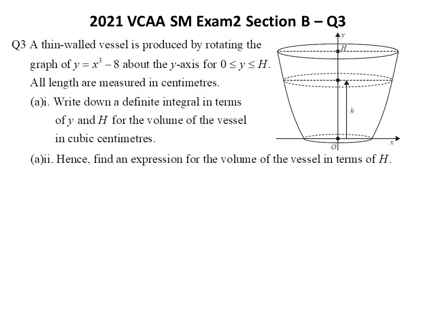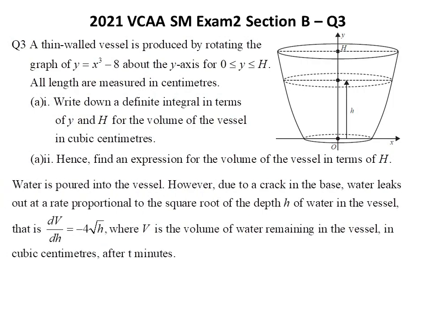h. There are 3 sections in Part B, and the criteria in Part B is that water is now poured into the vessel. Due to a crack in the base, water leaks out at a rate proportional to the square root of the depth h of water in the vessel.